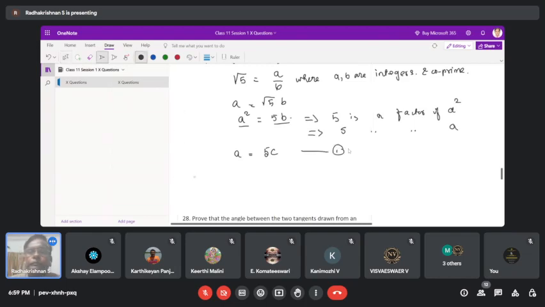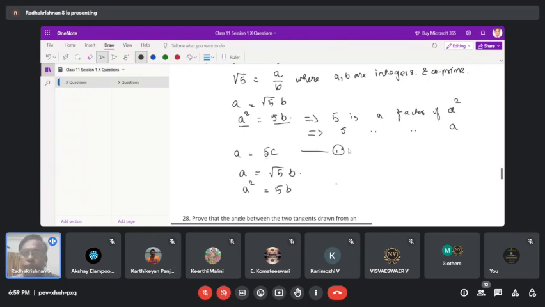Now a equal to root 5 into b, or a square equal to 5b square, but a equal to 5c.